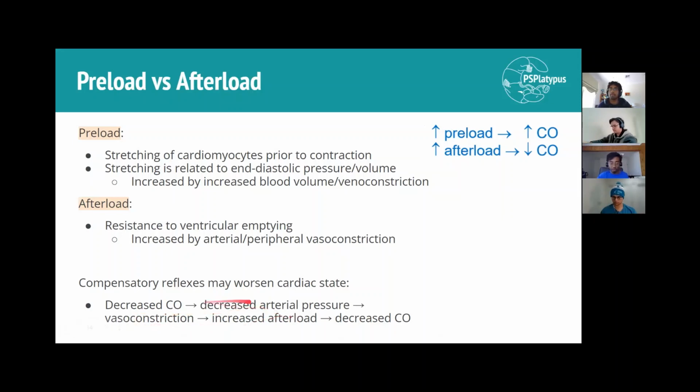And in order to compensate for that, it leads to vasoconstriction. And what does vasoconstriction do? Increased vasoconstriction leads to increased resistance to emptying, which is increased afterload. And increased afterload leads to a further decrease in cardiac output. So this cycle continues where you have decreased arterial pressure, vasoconstriction to compensate, and then decreased cardiac output again.